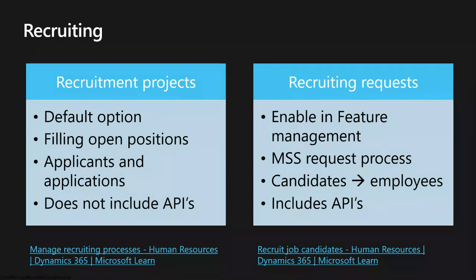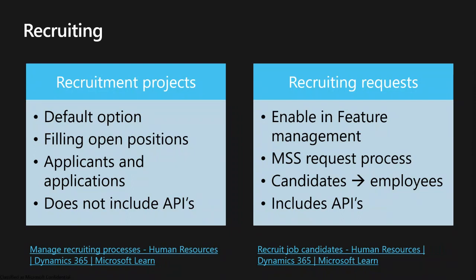So the default option that will be turned on when you deploy a brand new environment is the recruitment projects. That's the legacy functionality. The reason for this is we didn't want to break any customers that were already using the finance and operations apps and that functionality. So if you want to use recruiting requests, you can do that, but you will need to enable it in feature management as a first step.